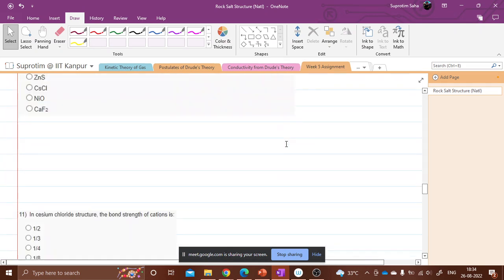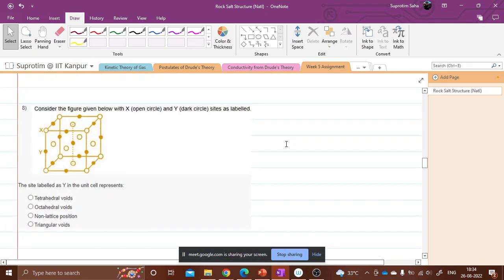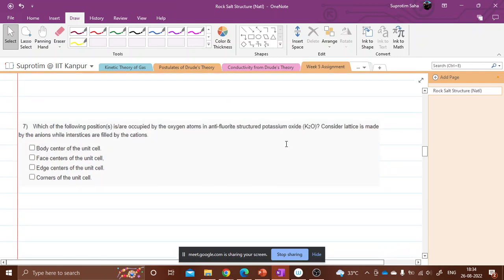Similarly, for the antifluorite, the oxygen will sit at the edge centers of the unit cell, and also at the face centers and the corners of the unit cell, right? Just like fluorite, it will just be the opposite.